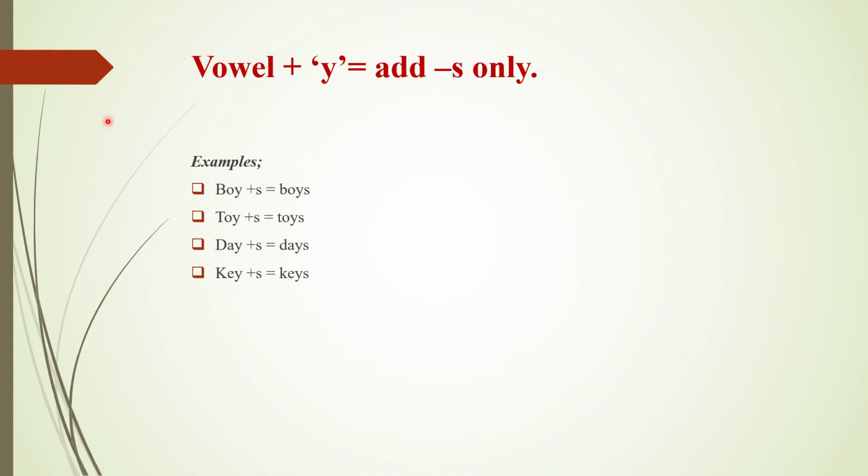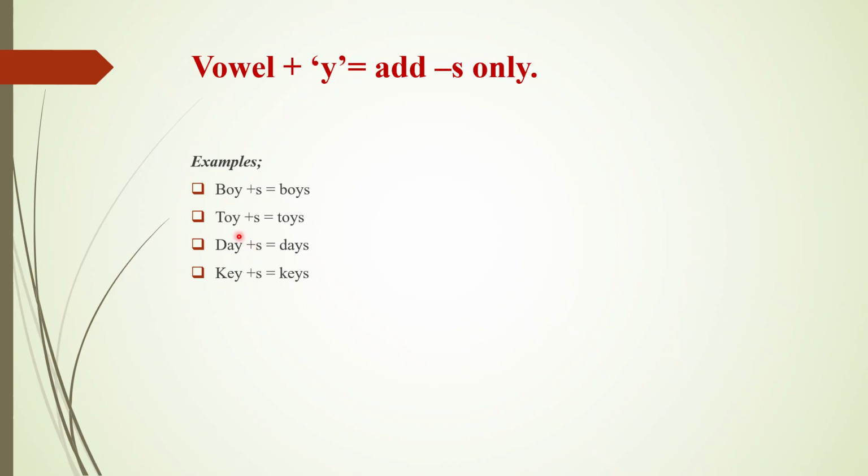However, when a word ends in y, but it comes after a vowel, we don't change the y. We simply add s directly to the word to form the plural. Like, for example, the word boy ends in y, but it comes after the vowel o. So from boy, we add s directly, we form boys.